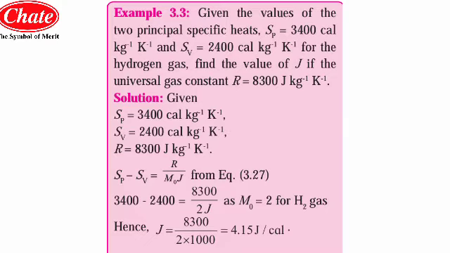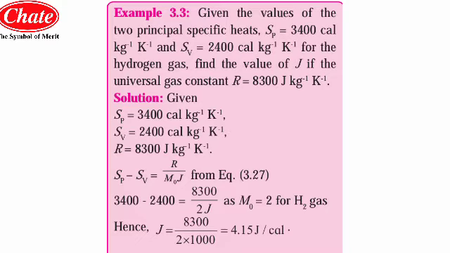Now find the value of J, the mechanical equivalent of heat. And R, our universal gas constant, is 8300 joule kg raised to minus 1 into Kelvin raised to minus 1. So we will just simply write the values which they have given.